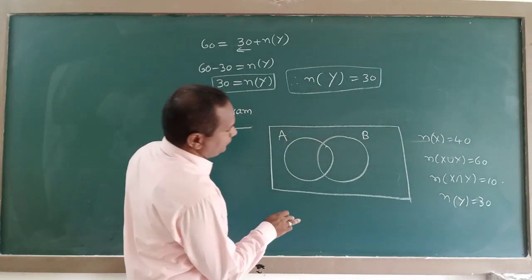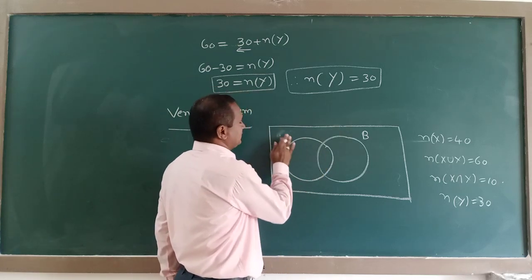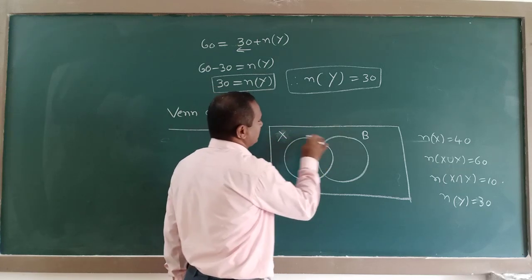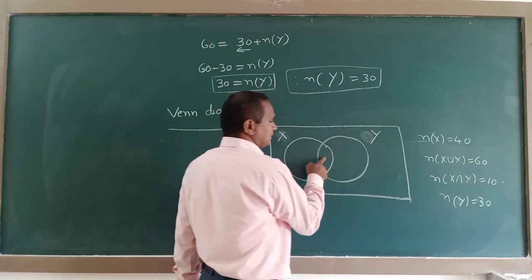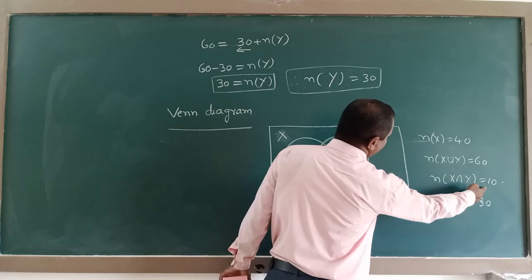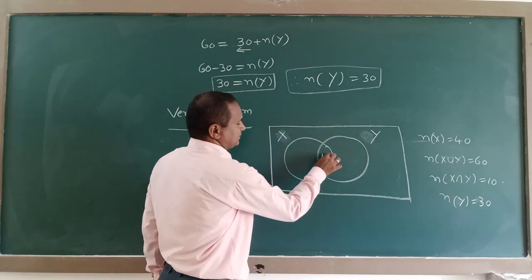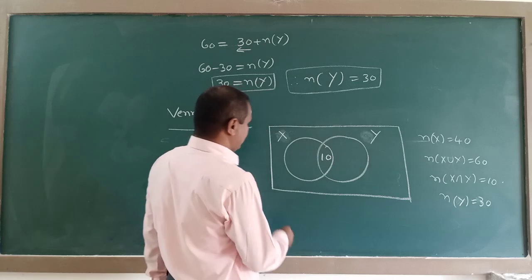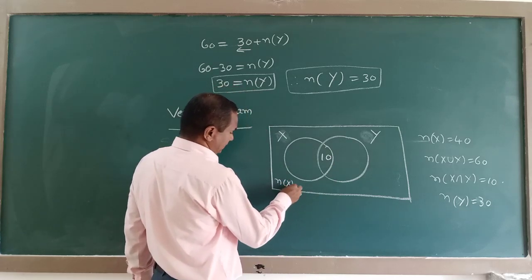First we should write the common elements here. For the sets, you can consider set x and set y instead of a and b. X intersection y, how many elements did they give common to both sets x and y? 10. n of x they gave 40.